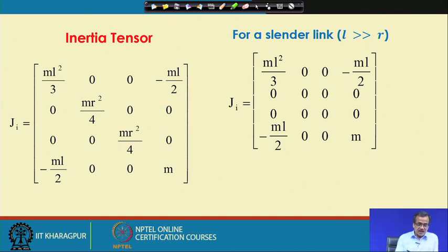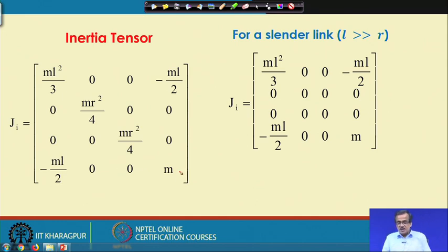This inertia tensor for this particular link with circular cross section, denoted by J, will become equal to [mL²/3, 0, 0, −mL/2; 0, mr²/4, 0, 0; 0, 0, mr²/4, 0; −mL/2, 0, 0, m].